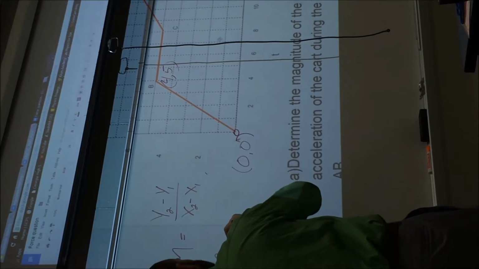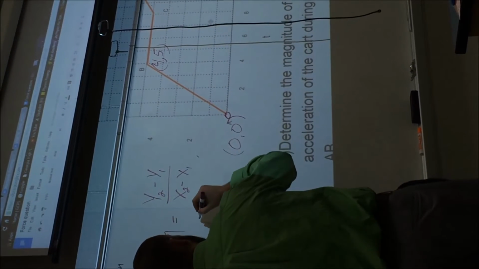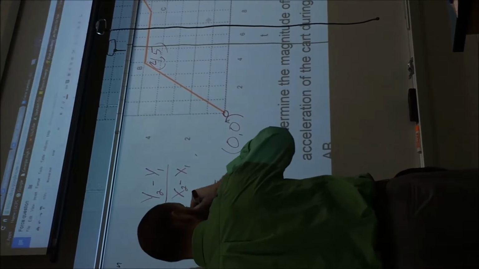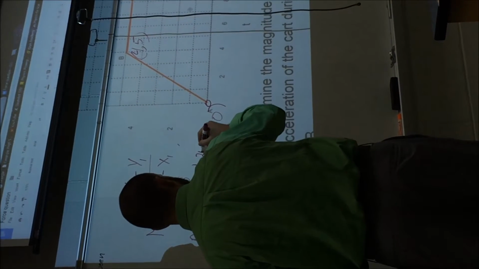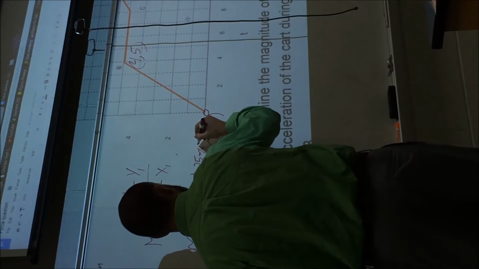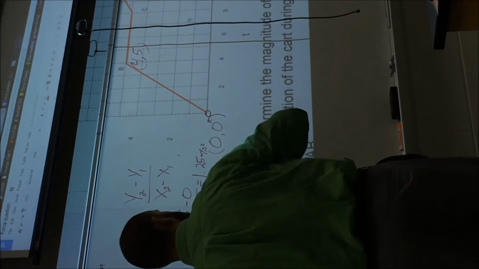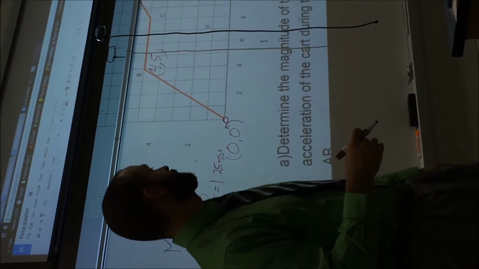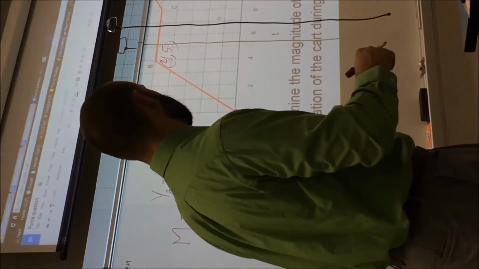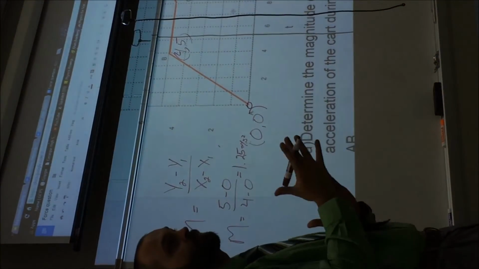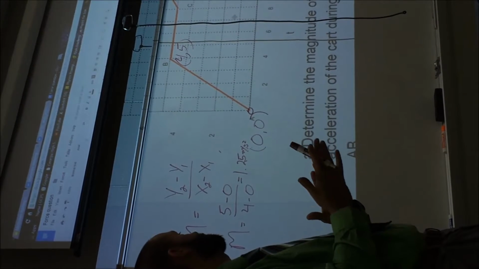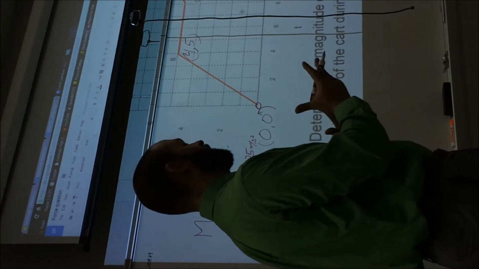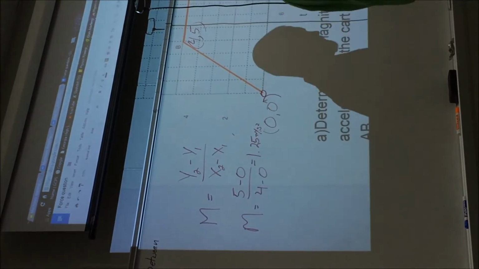So my slope, which is my acceleration, is going to be 5 minus 0 over 4 minus 0, which is going to be 1.25 meters per second squared. That's A. Now, I'm going to erase this, so make sure you got it.